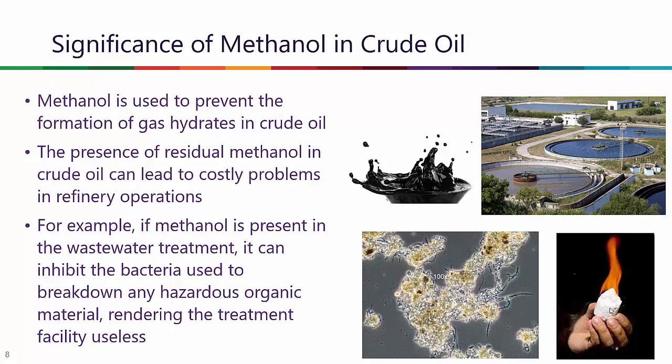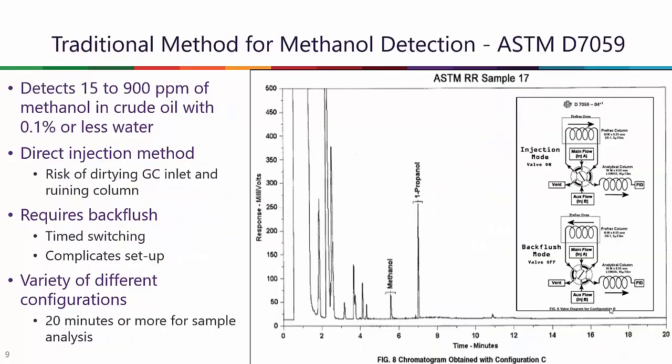So, what exactly can be done to identify methanol in crude oil, or let's say residual methanol in crude oil? Well, it turns out there is a traditional method called ASTM D7059. Now, this method has a variety of configurations, but most of them tend to have analysis times around 20 minutes or so.